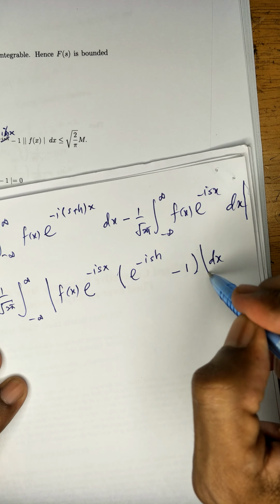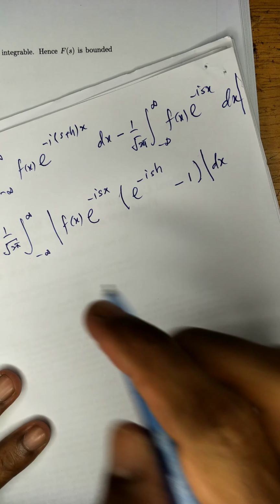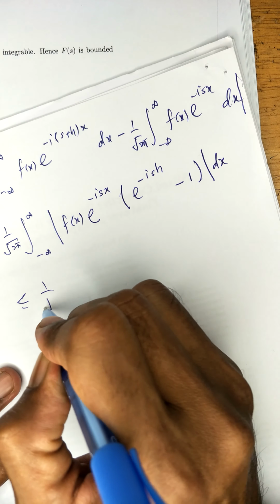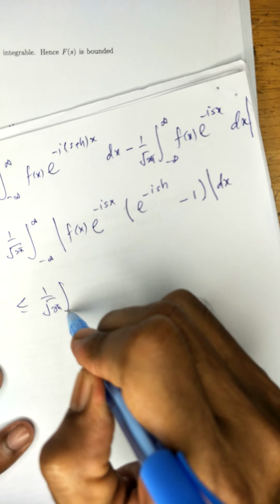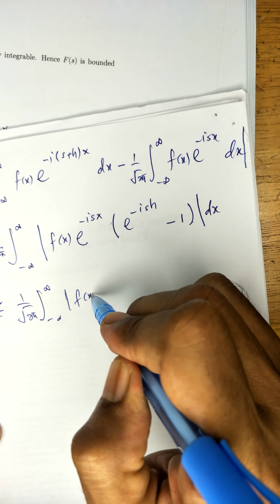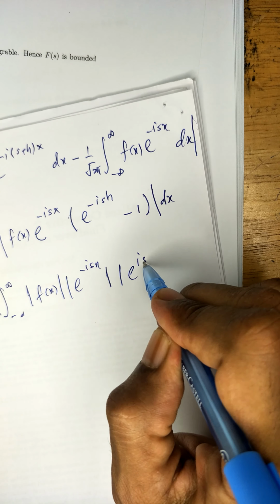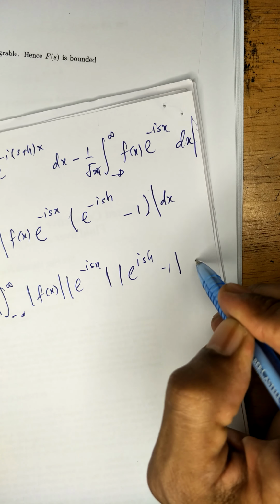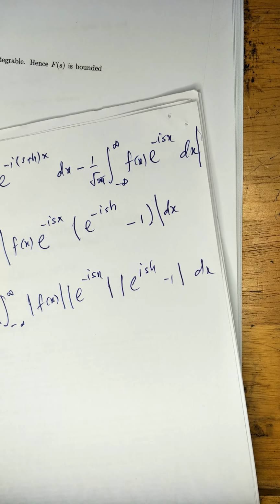Okay. And this is again less than 1 over root 2 pi, integral from minus infinity to infinity of |f(x)| |e to the minus i s x| |e to the minus i s h minus 1| dx.